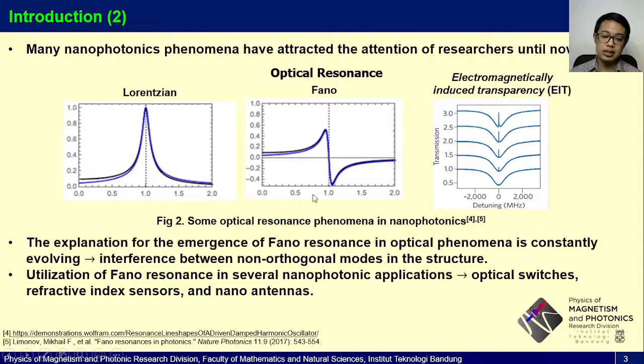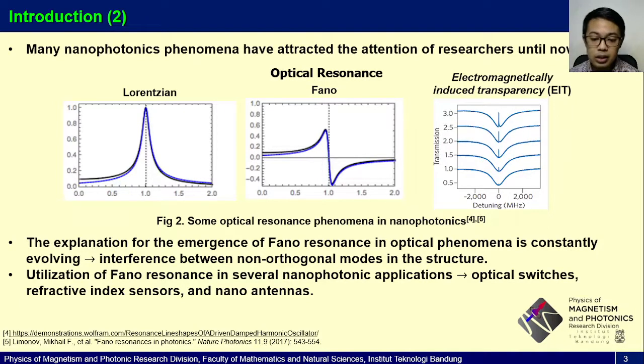This resonance has an asymmetrical shape, in contrast to the Lorentzian model, which has a symmetrical shape. Another type of resonance that has received much attention is electromagnetically induced transparency, or EIT, which can be considered as a special case of Fano resonance.